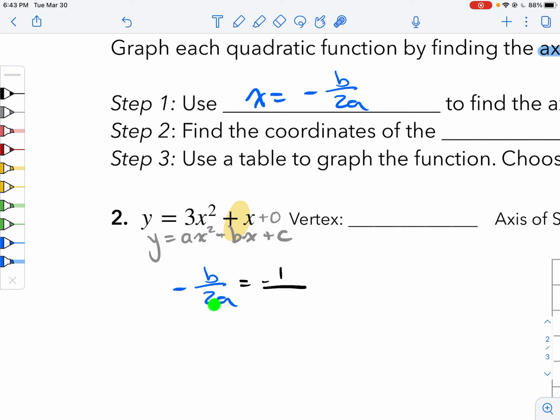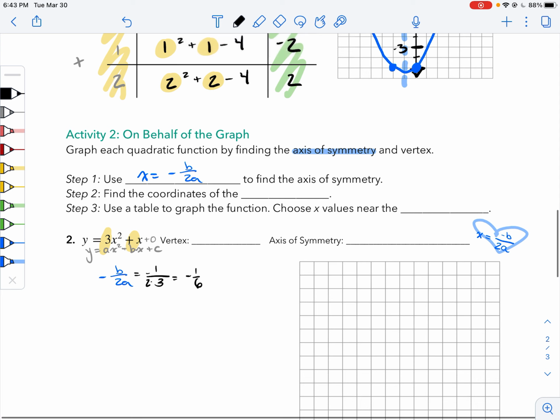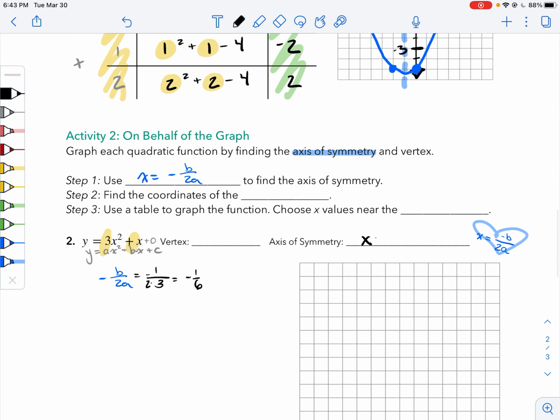And our a here is 3. So we have negative 1 over 2 times 3, which is negative 1/6. Awesome. Okay, so our axis of symmetry is x equals negative 1/6.